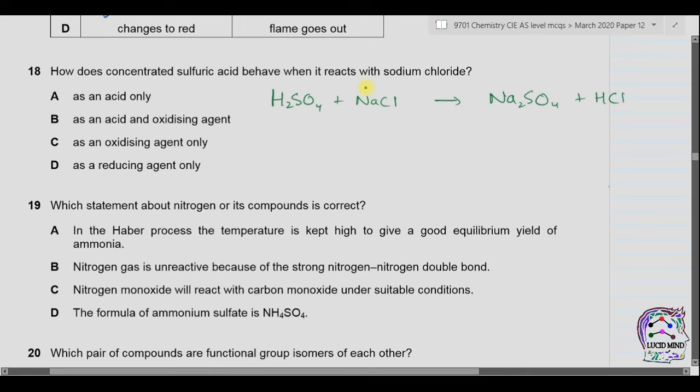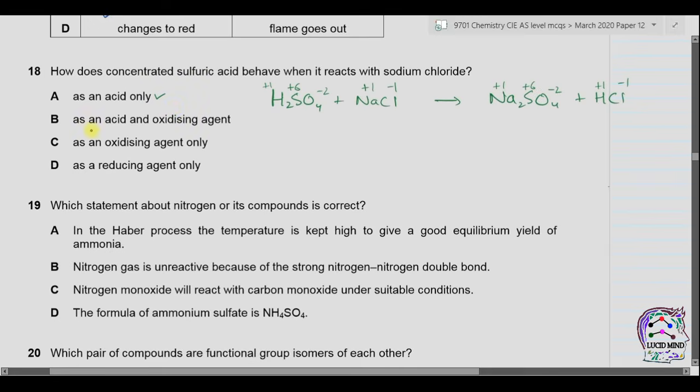The oxidation state of sodium is +1, chloride is -1, sulfur is +6, hydrogen is +1. Sodium is unchanged, oxygen is unchanged. So the concentrated sulfuric acid behaves as an acid only.